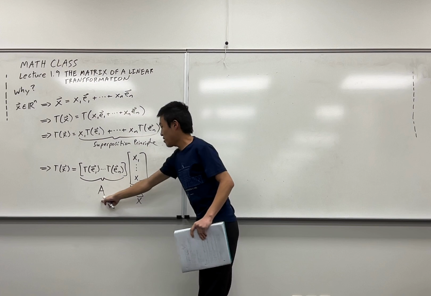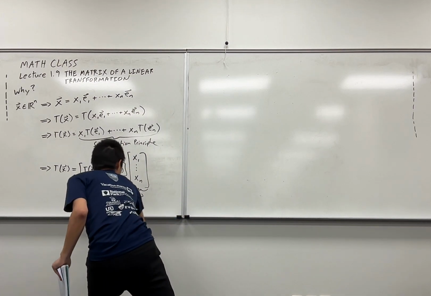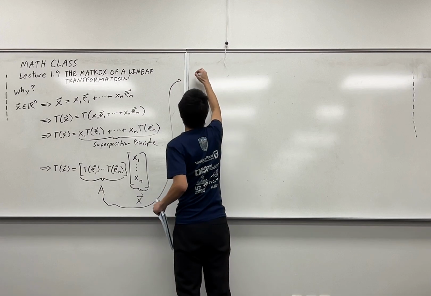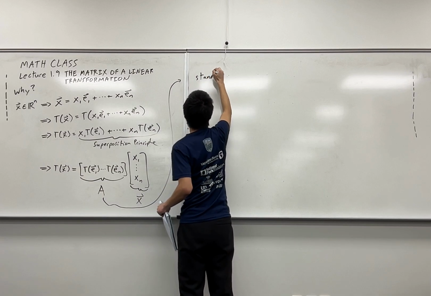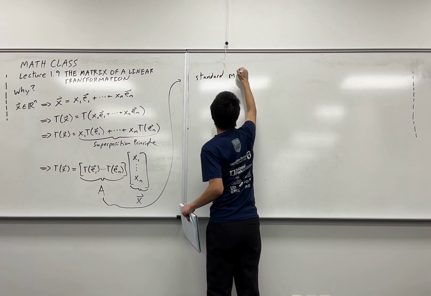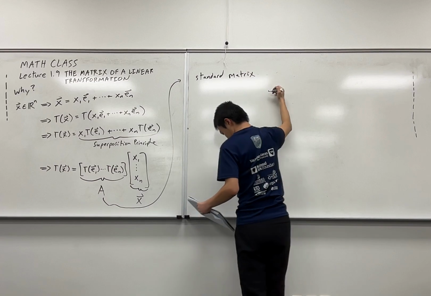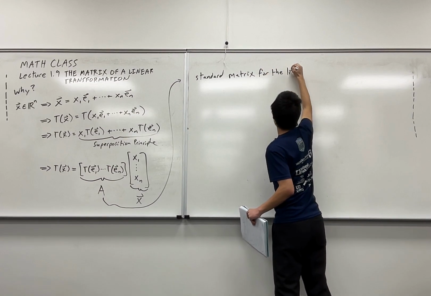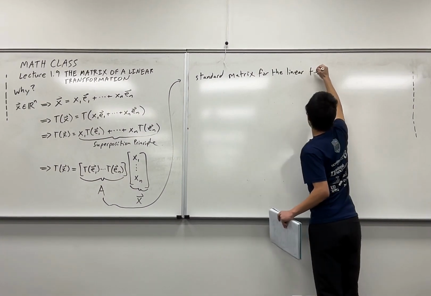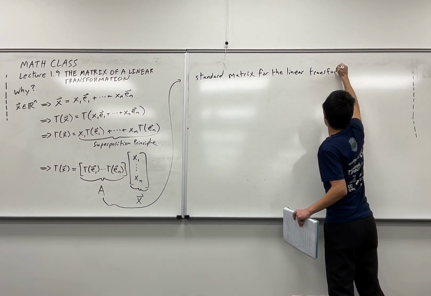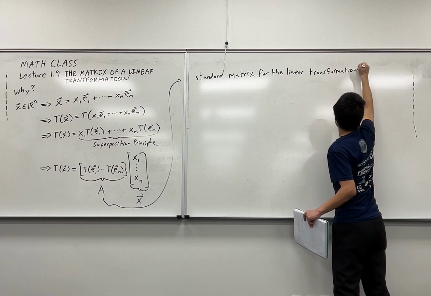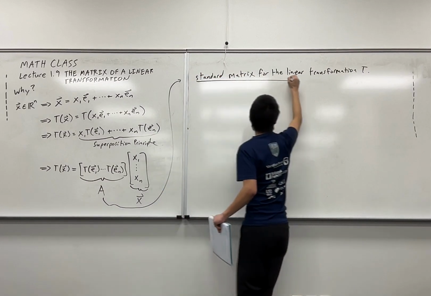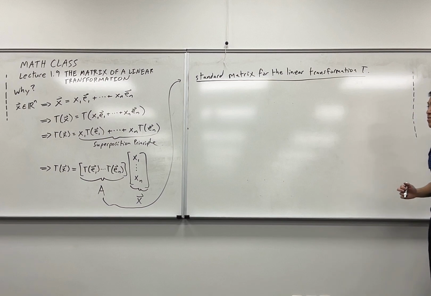We're going to call this A right here. This A is a standard matrix for the linear transformation T. And the entire thing is in itself a definition.